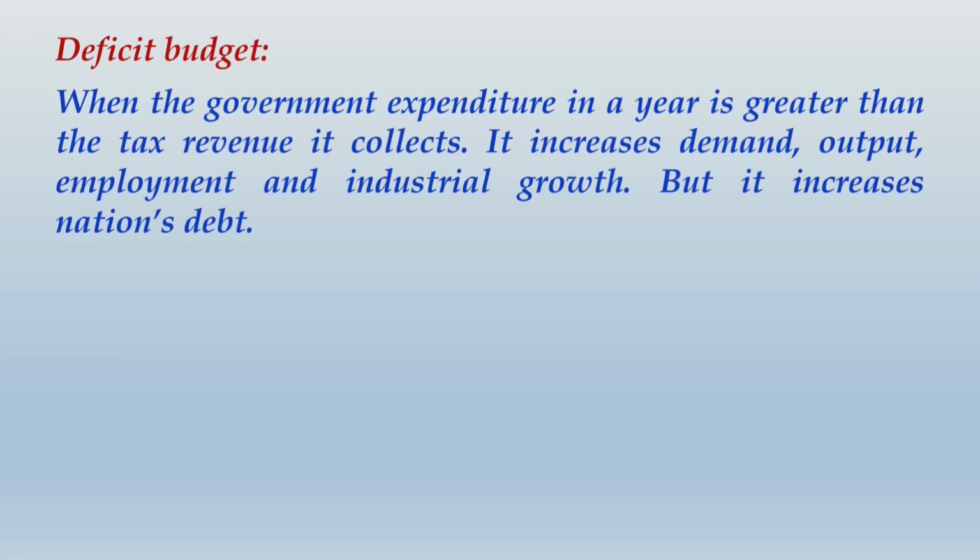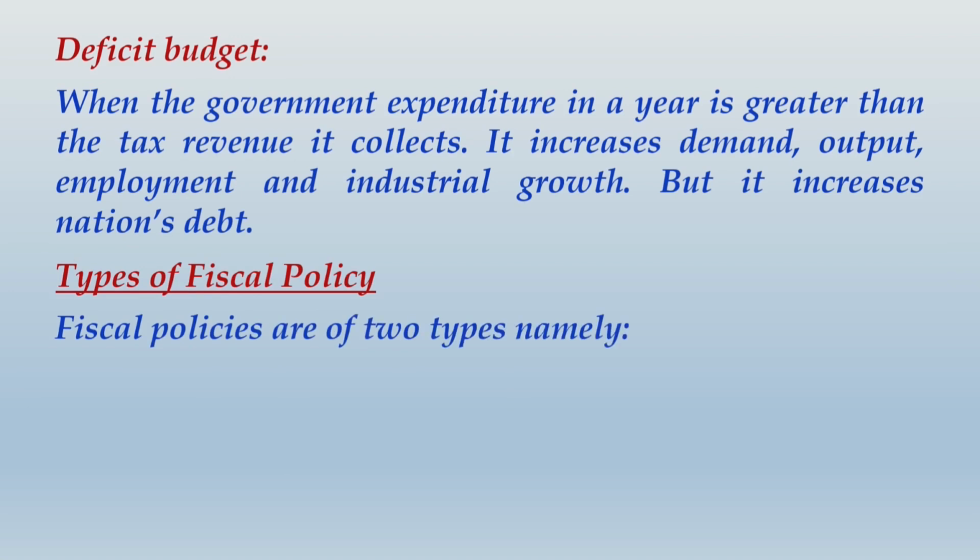Now, we would always observe one thing, that whenever government is coming up with some kind of fiscal policy, during the recessionary phase it will have a different kind of implementation, and during the inflationary phase it will have a different kind of implementation. As a result, we may classify the fiscal policy into typically two types, and these two will be expansionary and contractionary.